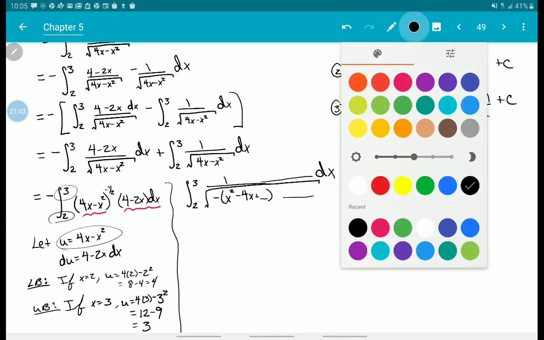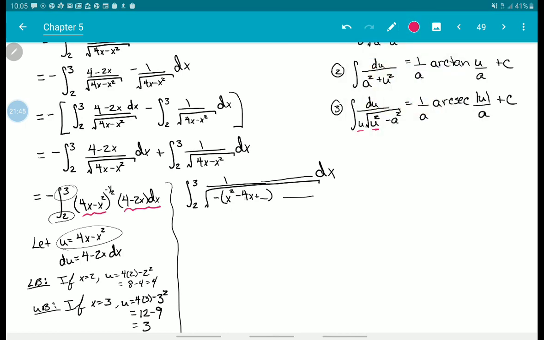So we're going to take half that middle term and square it. Half of negative 4 is negative 2, and negative 2 squared is positive 4. But if I add a 4 here, and it's multiplied by negative, I really added a negative 4. So the opposite of adding a negative 4 is to add a positive 4. That way we don't change the problem.